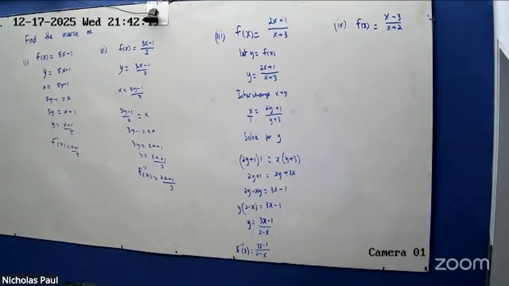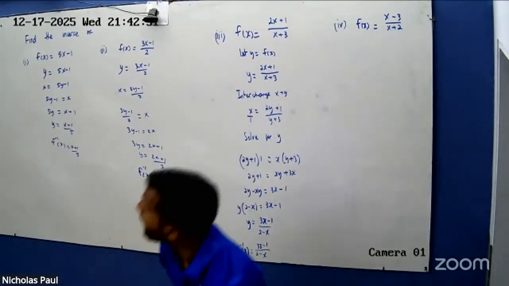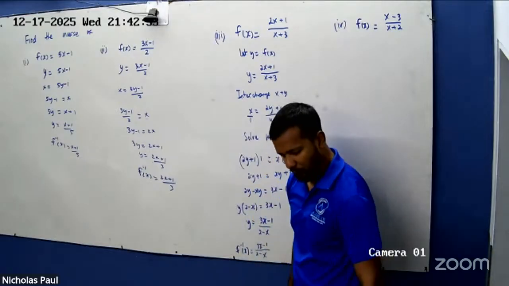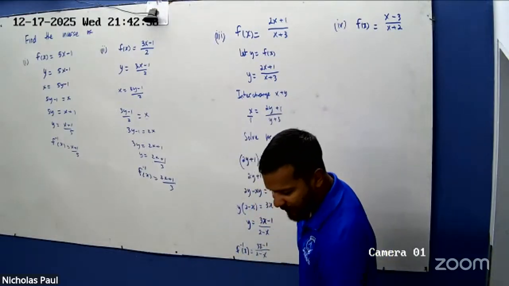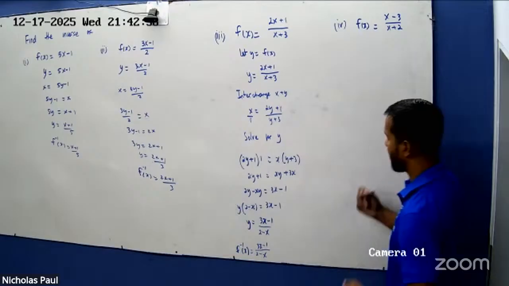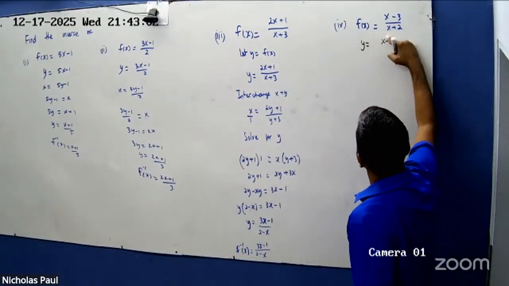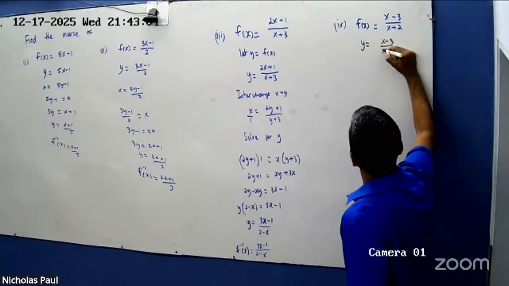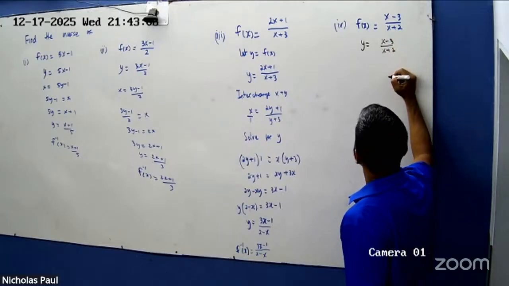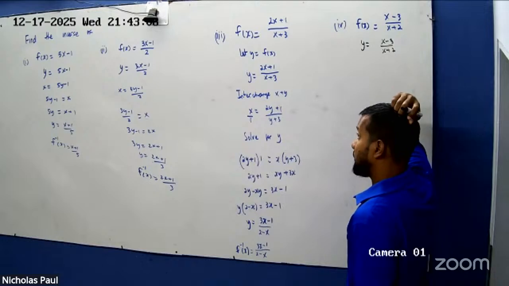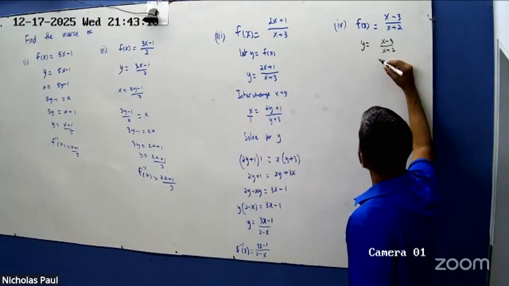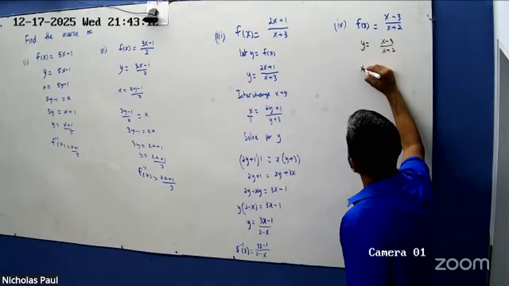Let's see the answer here. So you might recognize that the hardest thing in these questions is making y the subject of the formula. So you should have y is equal to (x minus 3) over (x plus 2). Next, we interchange x and y.